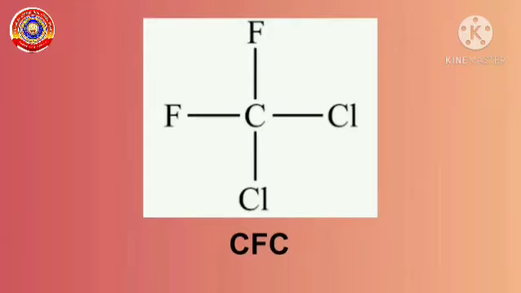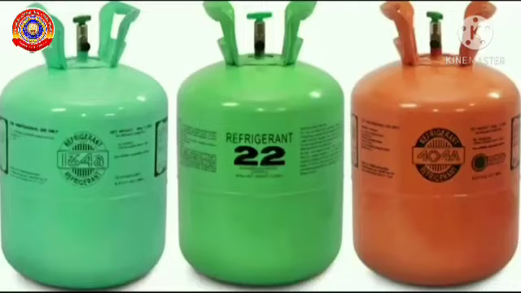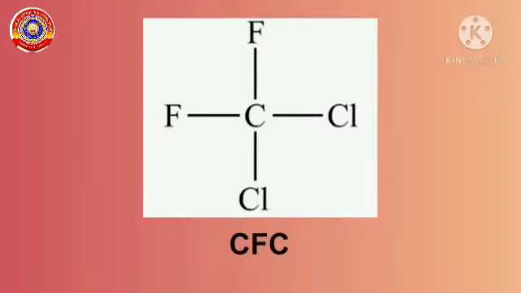It is mainly found in refrigerators, ACs, etc. This compound can be easily liquefied by applying pressure. This liquefied CFC produces extreme cold as it evaporates. That is why CFCs are used in refrigerators, ACs, etc.